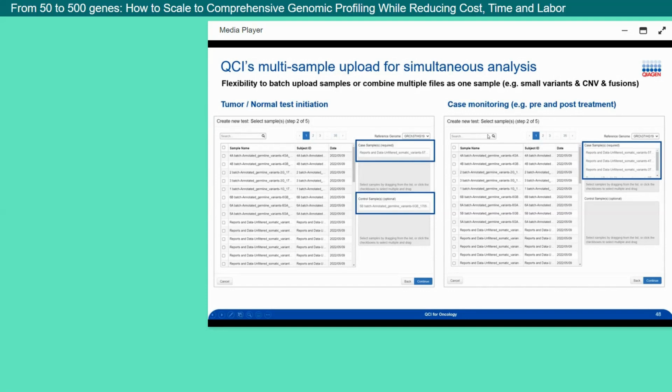If you aim to initiate a longitudinal analysis, what you can see here on the right is you would basically drag all your cases to the case upload, but leave the control sample upload empty, and then continue with your contextualization of the test with the disease.